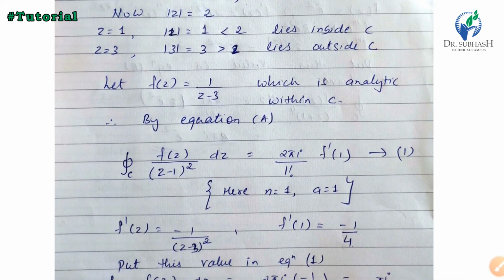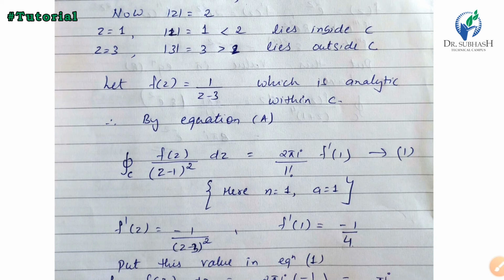So according to our formula, integration over C of f(z) upon (z minus 1) square dz. Here the point z equal to 1 lies inside the curve C and its power is more than 1.